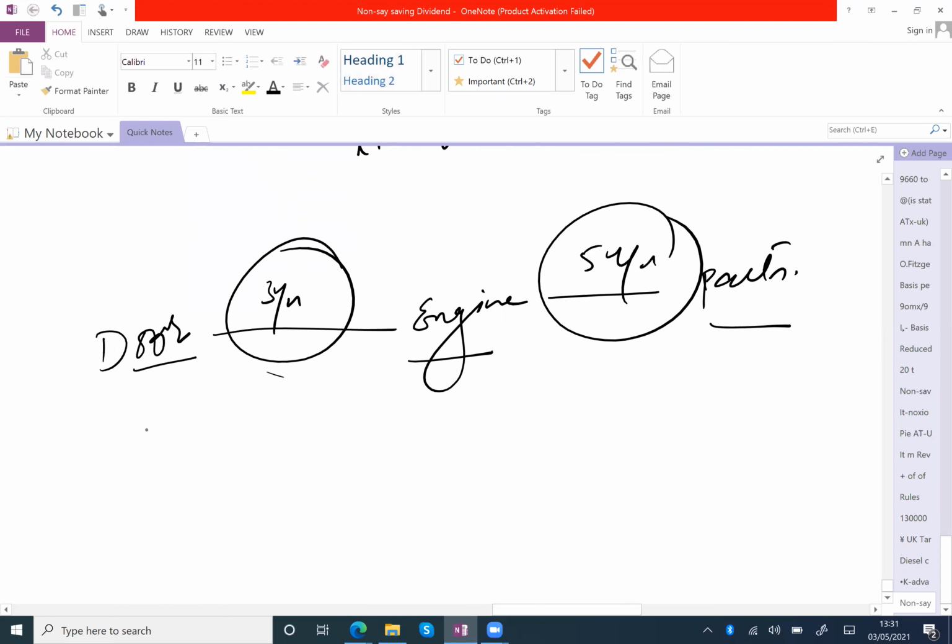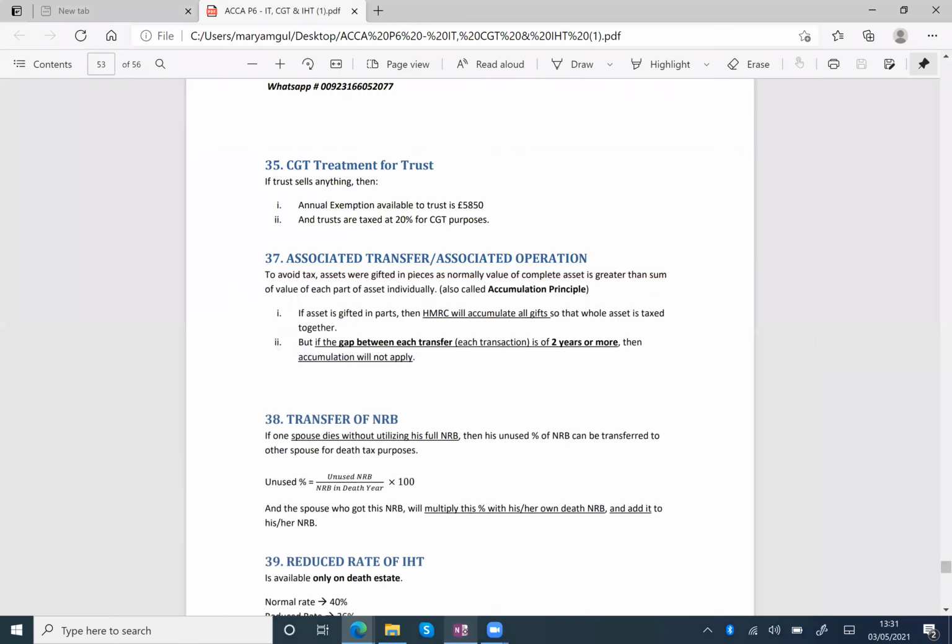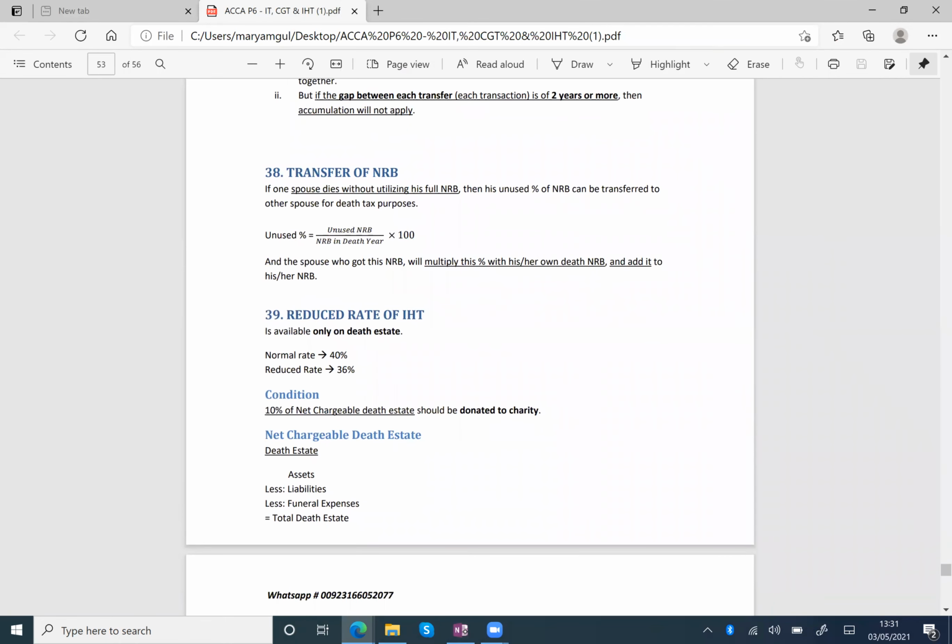They will value separately, they will tax separate values, meaning on door separate value, engine separate, other parts separate value, they will charge the tax. So that is the main concept of the associated operation rule or associated transfer. That's it. Now the next topic is transfer of nil rate band. You know, normal 3,25,000 nil rate band is available.